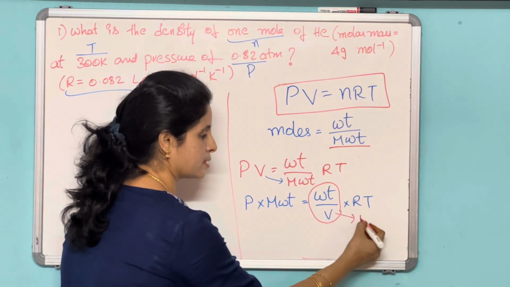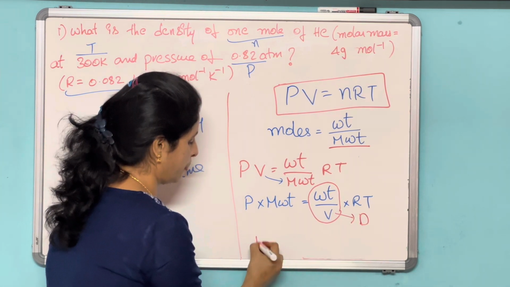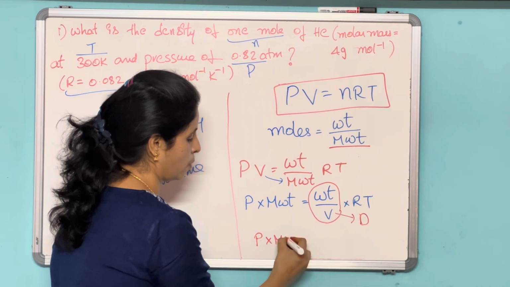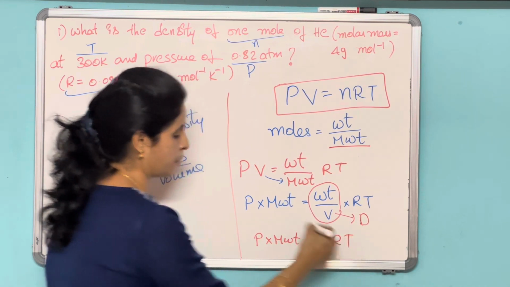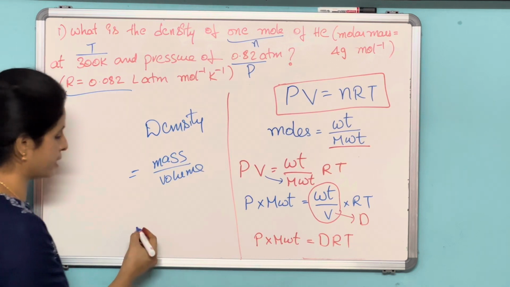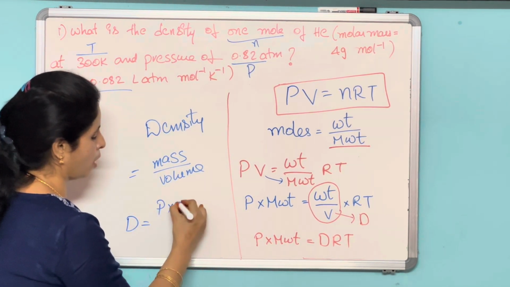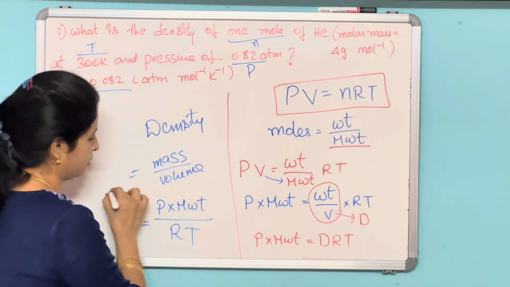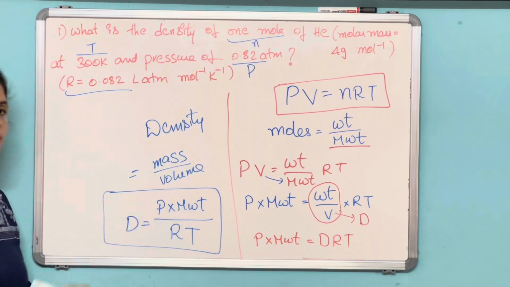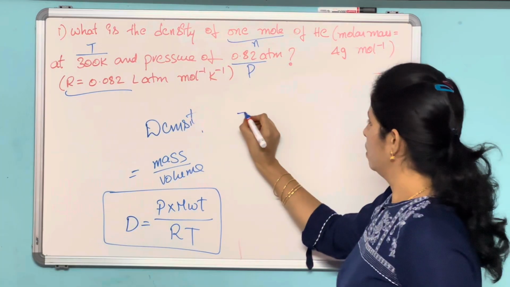Now replace this term with D, density. P into molecular weight is equal to dRT. Now what is the formula for your density? D is equal to P into molecular weight divided by RT. This is the formula for the density to calculate such type of problems.